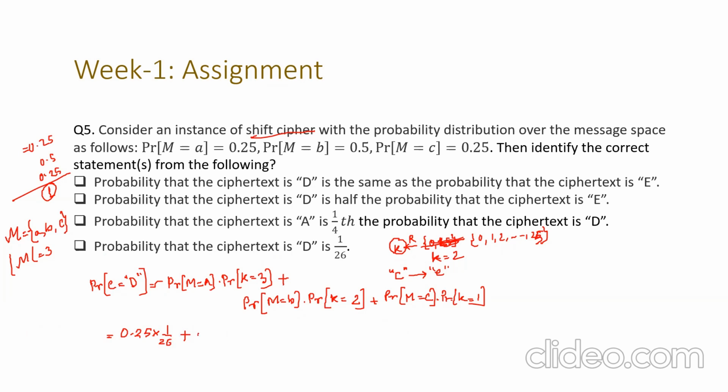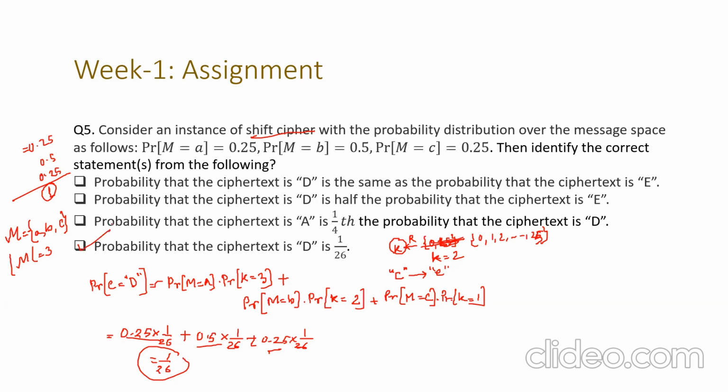Putting the values, the message being B, that is 0.5, times K being 2, which is 1 by 26, and so on. Finally all these sum up to 1 by 26. So the probability that the ciphertext is D is 1 by 26.